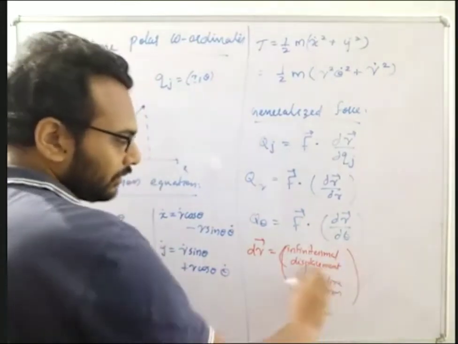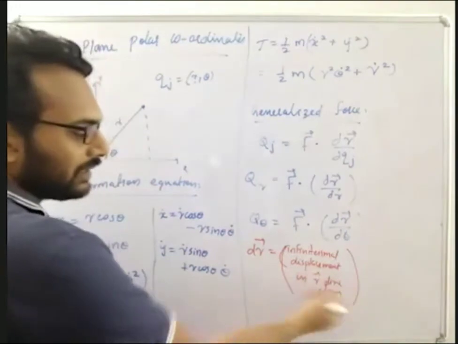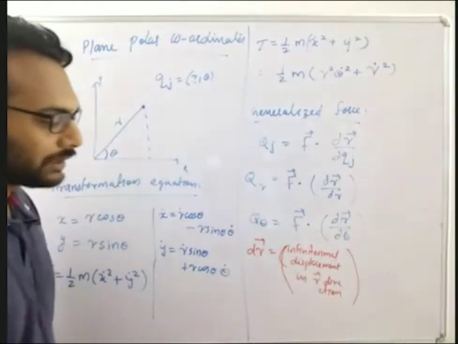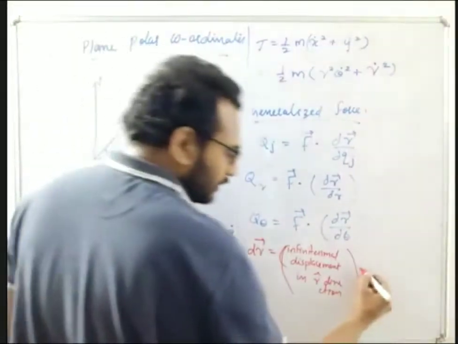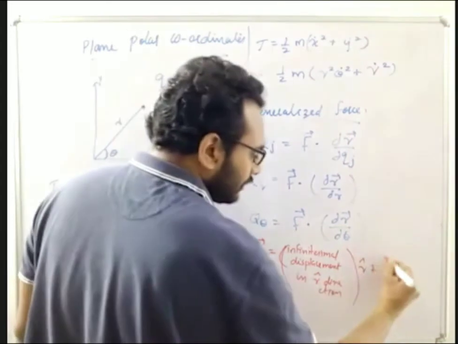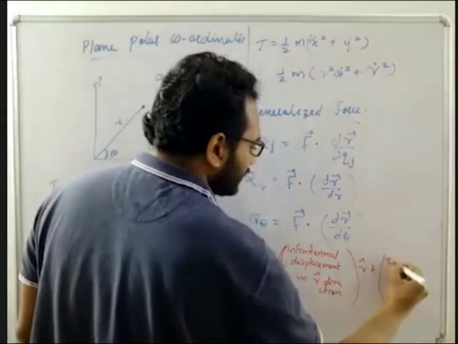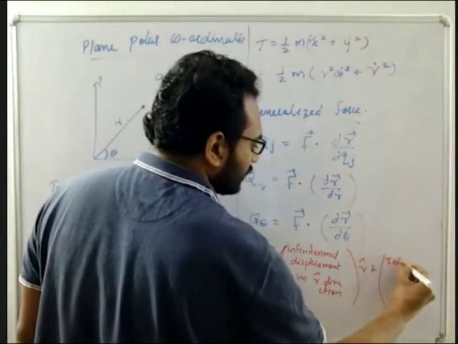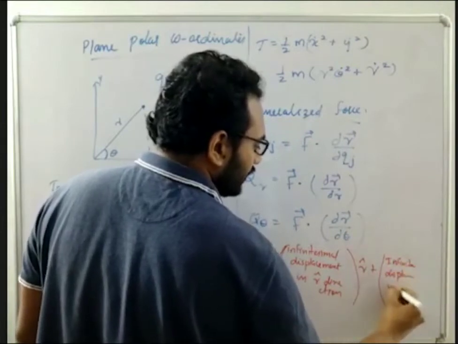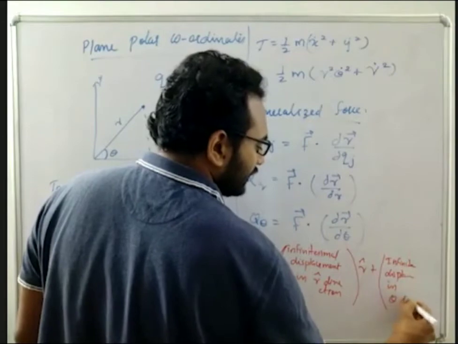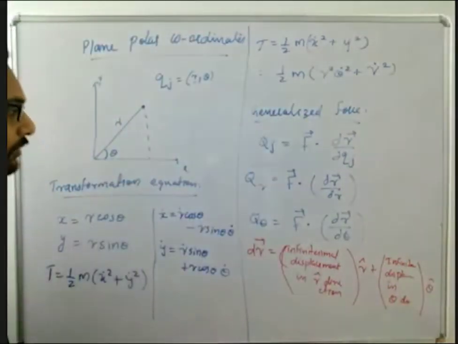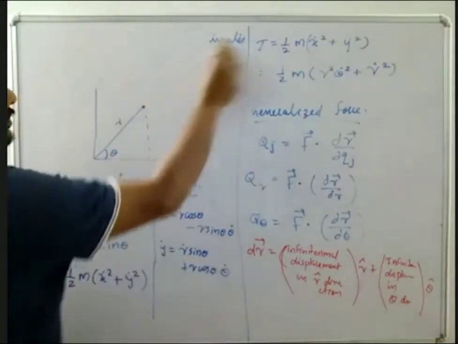There would be two components: one along the r cap direction, and the other along the theta cap direction. Okay, that would be dr vector.